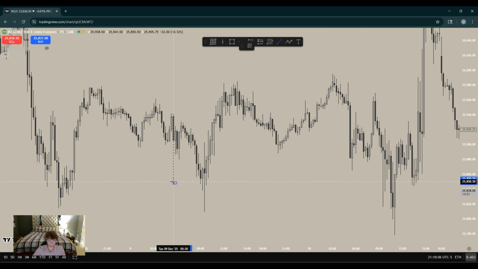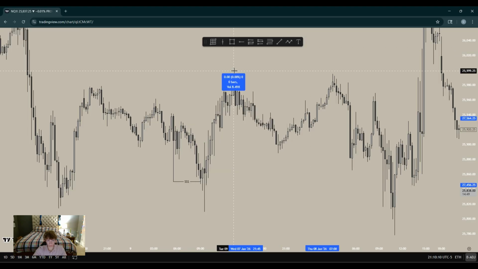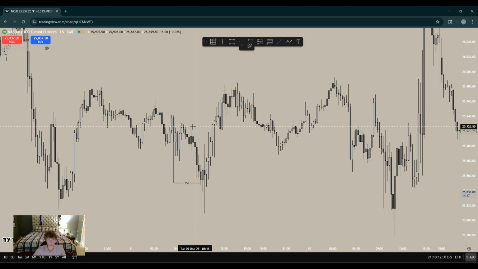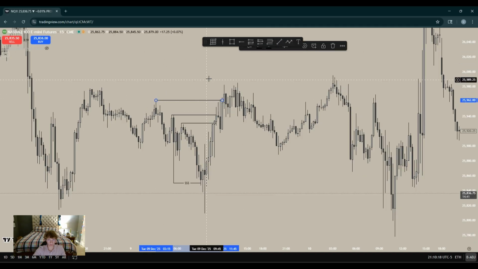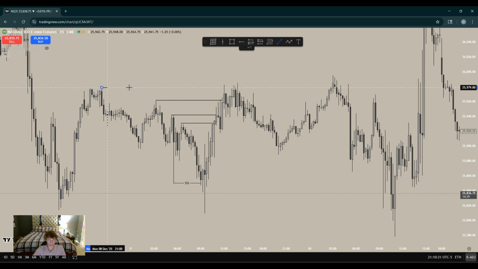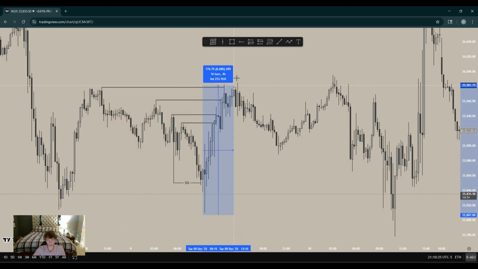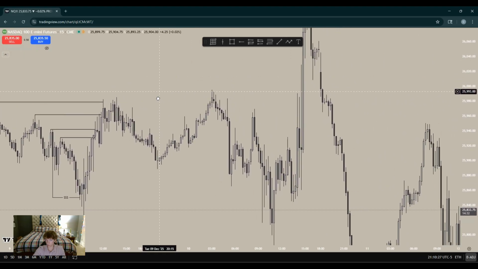Price sweeps liquidity, a liquidity sweep, and we target opposing liquidity here, here, here, and here. Just like that, we target all that liquidity. Former downtrend, new uptrend. Beautiful.